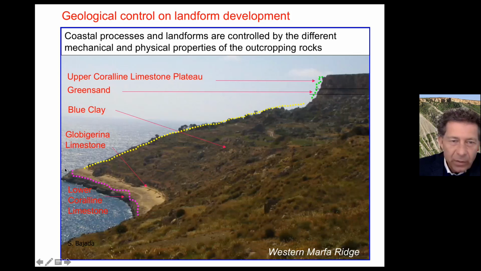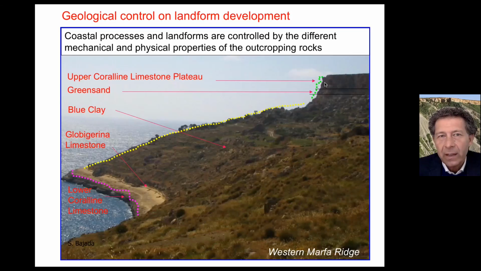This is one of the few spots of the islands of Malta where you can see the full succession, because in other parts of the islands, due to the presence of faults, you may either see a part of it, the lower part sometimes, and the higher parts in other stretches of the island.